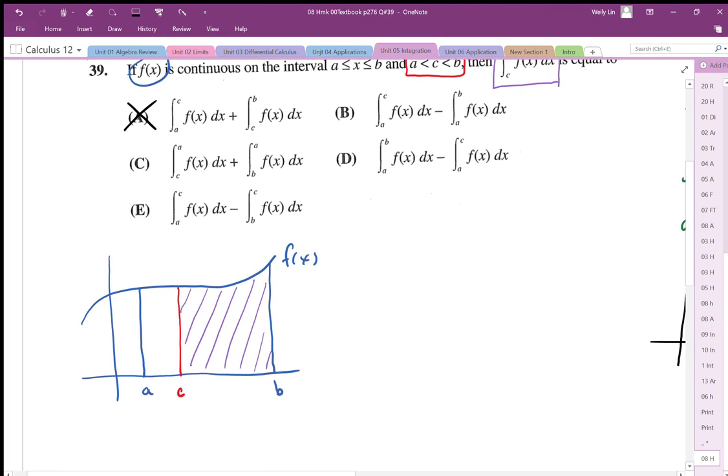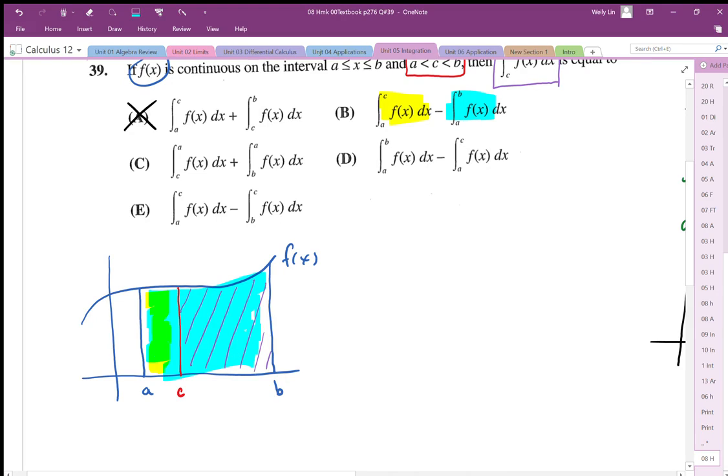Looking at b, it says the area from a to c. Okay, so again, we're looking at the area from a to c, which is going to be this area in here, minus the area from a to b. So if we take away all of this area, the difference definitely is that purple area that we're looking for. Okay, so we're taking away all the area.